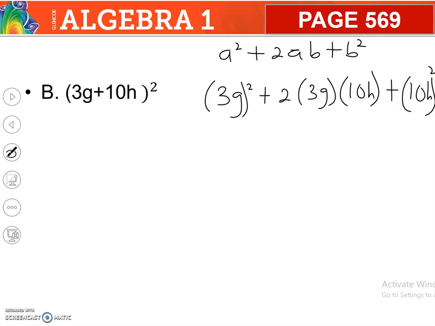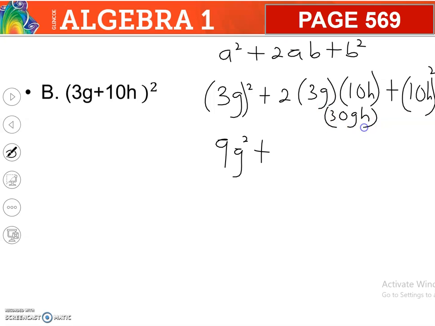So in simplifying this, we are going to have 3 squared will give us 9, and g squared will give us g squared, plus, now we can multiply 3 and 10. So 3 times 10 will give us 30, and g times h will give us gh.